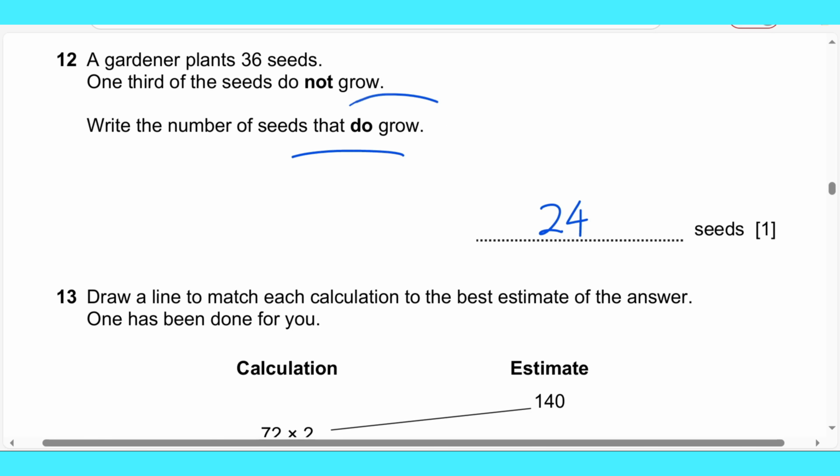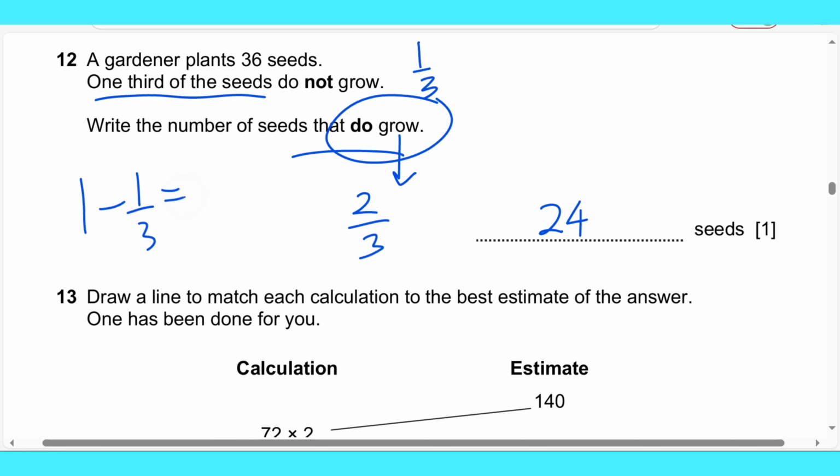So if 1/3 do not grow, it means the ones that grow are 2/3, because 1 whole minus 1/3 is 2/3. That's the number that grow. So 2/3 of 36, cross here, is 12. 2 times 12 will be 24.